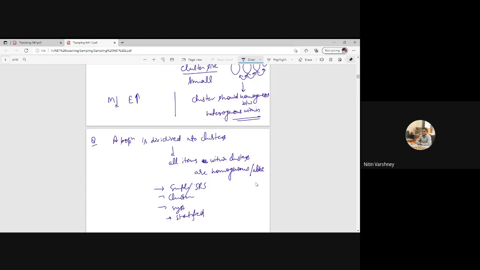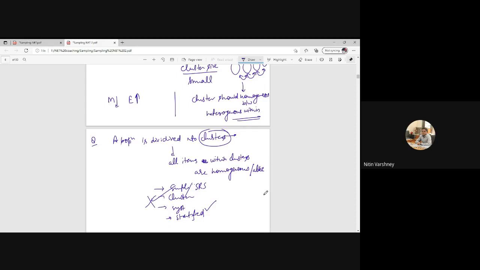Stratified sampling. Because of the information given, don't get confused by the word cluster. They have given it knowingly so that people will select cluster sampling, but this is wrong, because the information given is that all the items within a cluster are homogeneous or alike. So this is stratified sampling. Now this type of question will be in the exam.